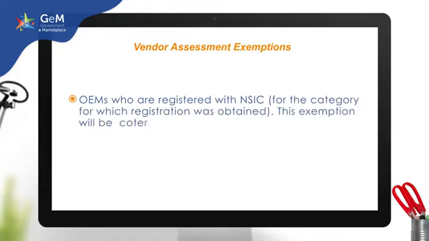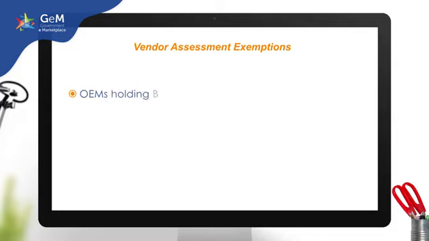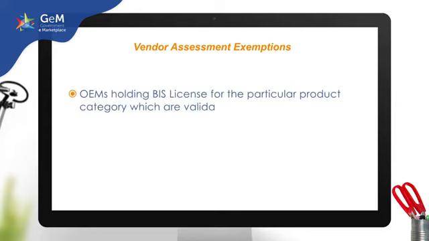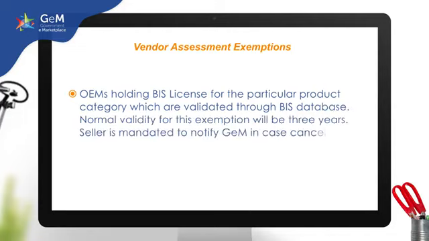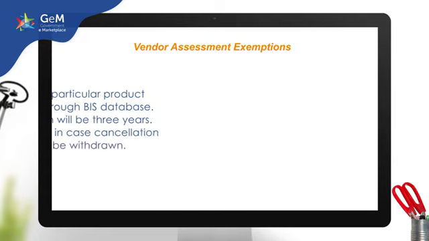This exemption will be coterminous with NSIC certificate validity. OEMs holding a BIS license for the particular product category, which are validated through the BIS database. The normal validity for this exemption will be 3 years. The seller is mandated to notify GeM in case of cancellation of the BIS license, and the exemption will be withdrawn.